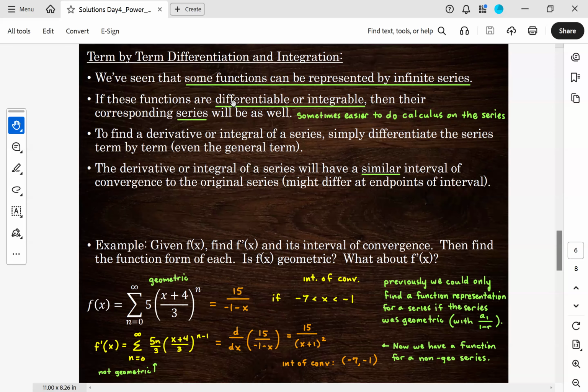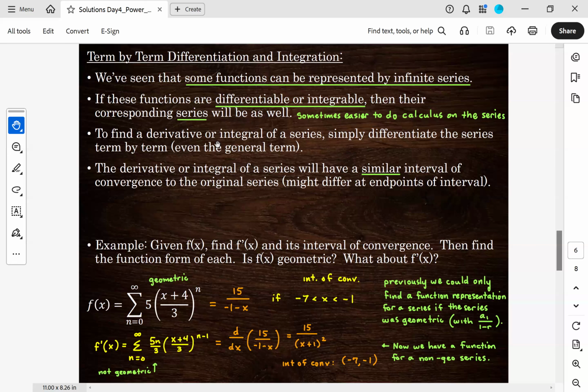If those functions are differentiable or integrable, then the corresponding series would be as well. And this is helpful for us because, as you'll see eventually, sometimes it's easier to do the calculus we need to do on the series version as opposed to the function.